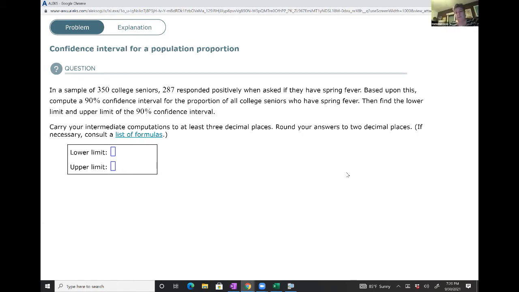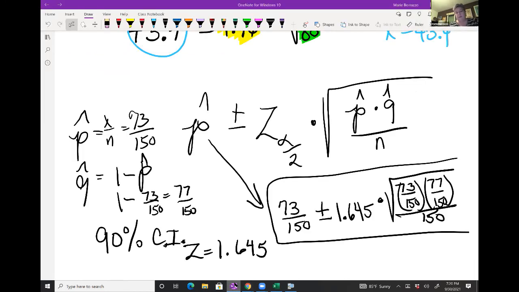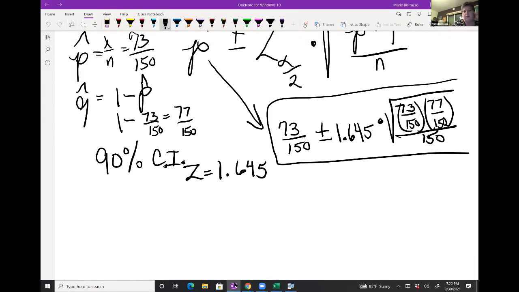What does that formula look like if we write it out by hand? Let me draw a line here. We'll do it in red.